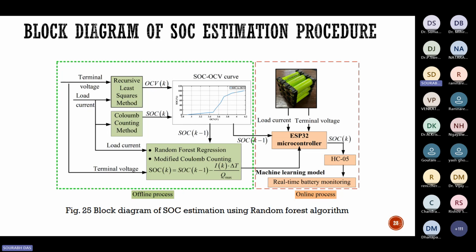Using that, with the least square estimation method, we got the OCV value, and using the Coulomb counting method, we got the SOC value for each instant.